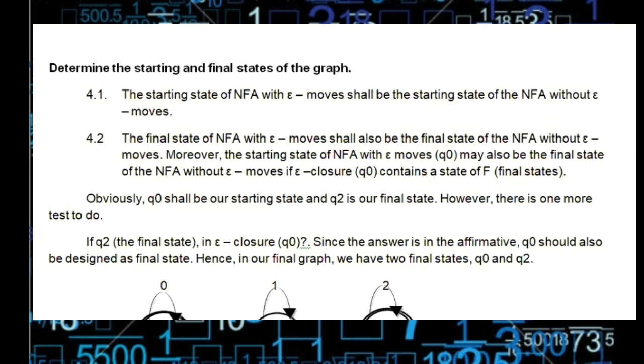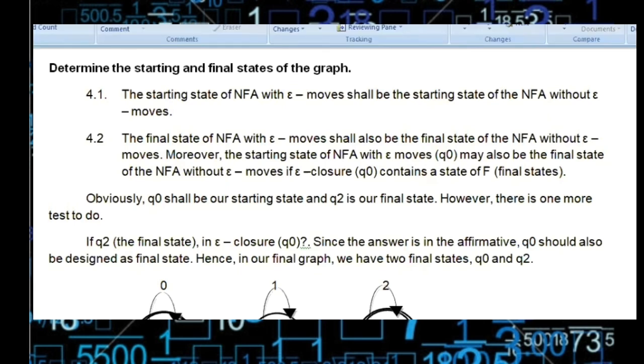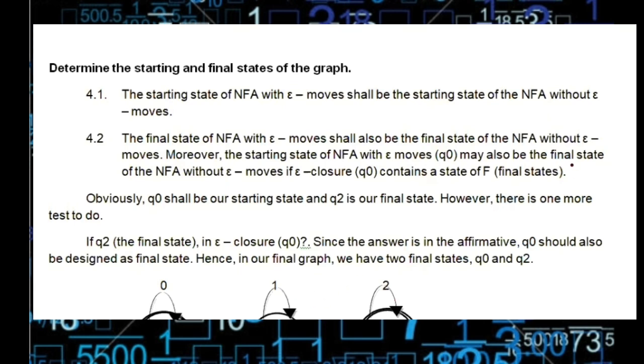The starting state of NFA with E-moves, yung ating given, which is Q0, may also be the final state. O, nakalagay. Kindly note that. Okay, so ipaki-note na lang. I-note natin to. May also be the final state of NFA without E-moves.